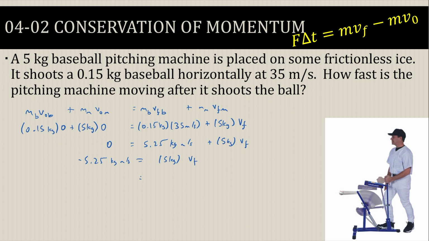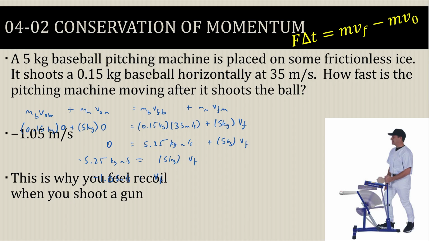When I divide by 5, I get negative 1.05 meters per second. What's that mean? That means it's going backwards at 1.05 meters per second. It shot the ball forwards, so the thing shooting the ball goes backwards. That is why you feel a recoil when you shoot a gun. The bullet gets thrown forward, so the gun gets thrown backwards.